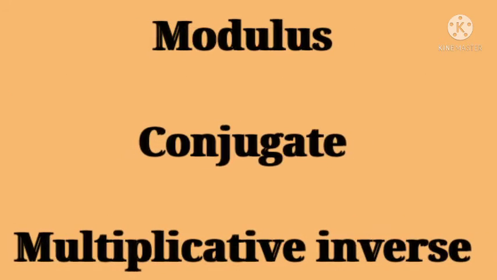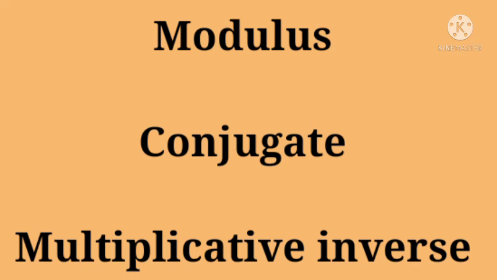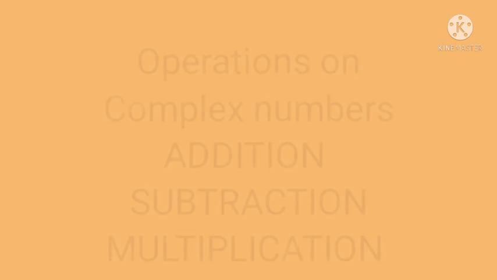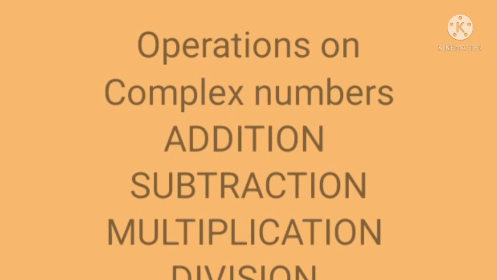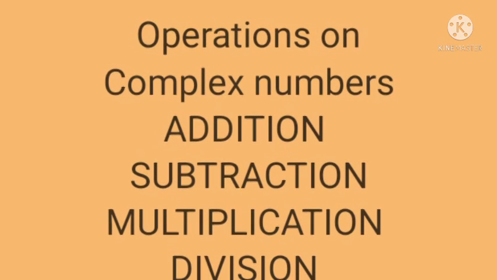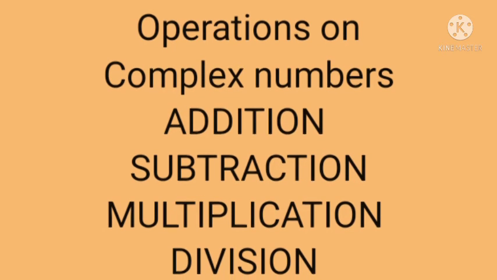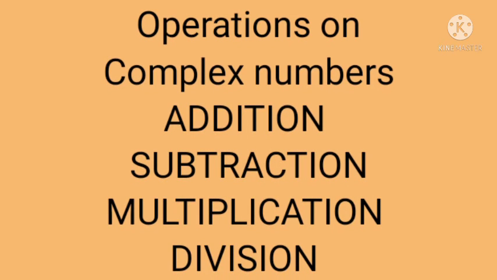Also we have to learn how to find the modulus of a complex number, the conjugate of a complex number, and also how to find the multiplicative inverse of any given number. And later we see the operations defined on complex numbers: how to add, how to subtract, how to multiply, as well as how to divide any two given complex numbers.